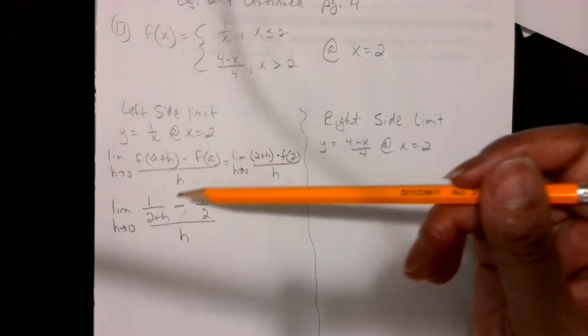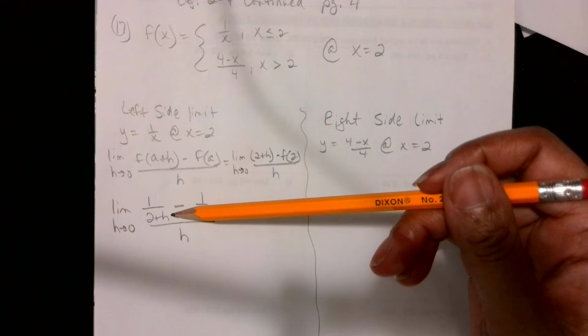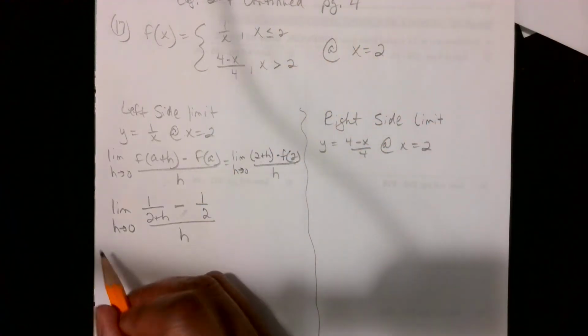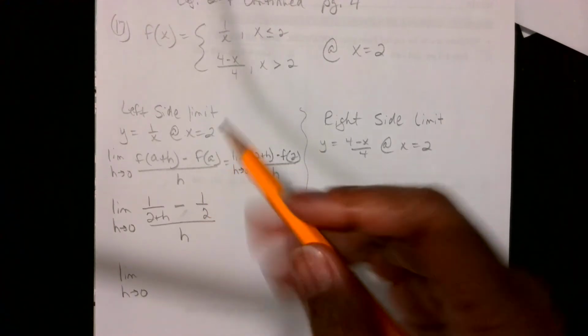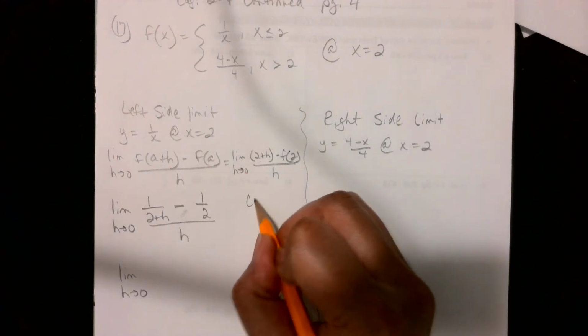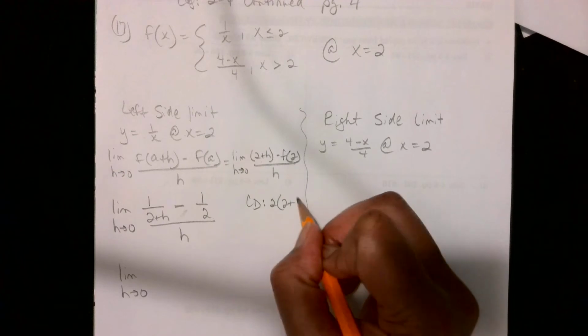And so common denominator is everything that's different in the denominator. So 2 plus h is different from 2. So that's our common denominator. So our common denominator is 2 times 2 plus h.